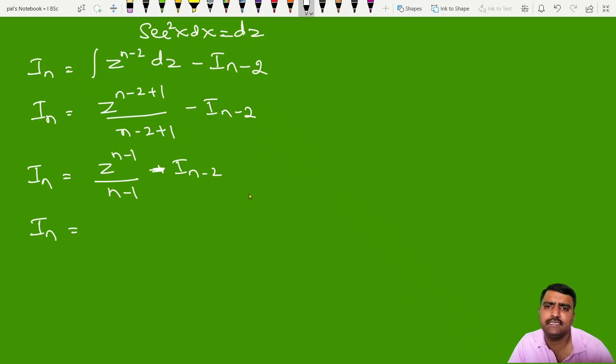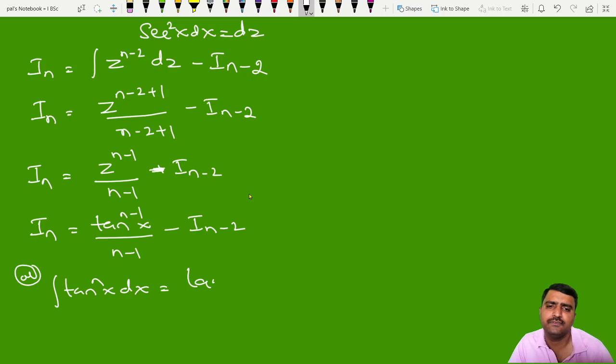What is z? z is tan x. So you can write it as I_n equal to tan to the power n minus 1 x by n minus 1, minus I_{n-2}. In other words, integration of tan to the power n x dx is equal to tan to the power n minus 1 x by n minus 1 minus I_{n-2}.